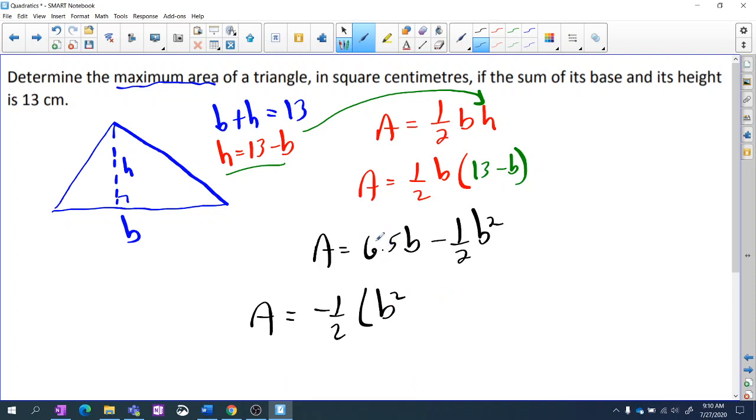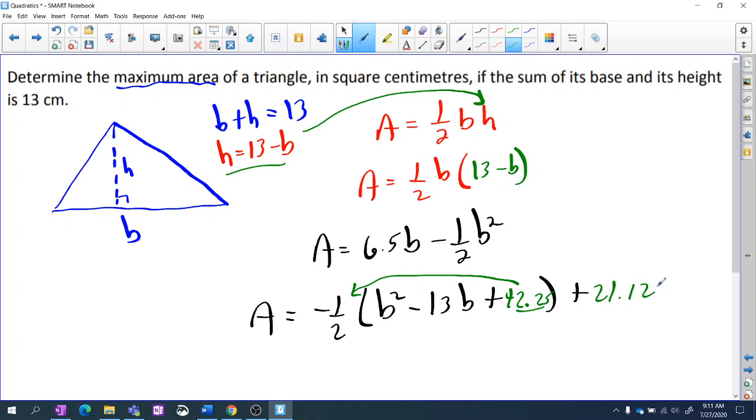So we're going to divide 6.5 by negative a half, so that's going to be minus 13b plus, take half of 13, which is 6.5. 6.5 squared, we just did it, but I forget. 6.5 squared is 42.25. That needs to get multiplied by your negative a half. We're at negative 21.125, which means I've got to add 21.125.